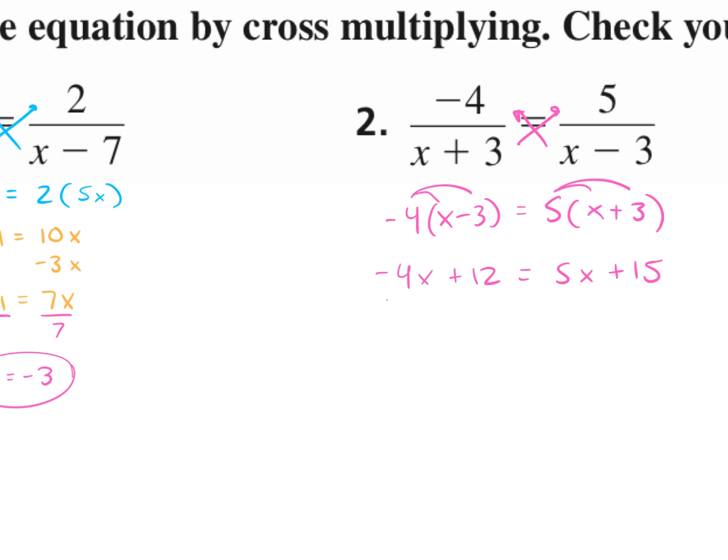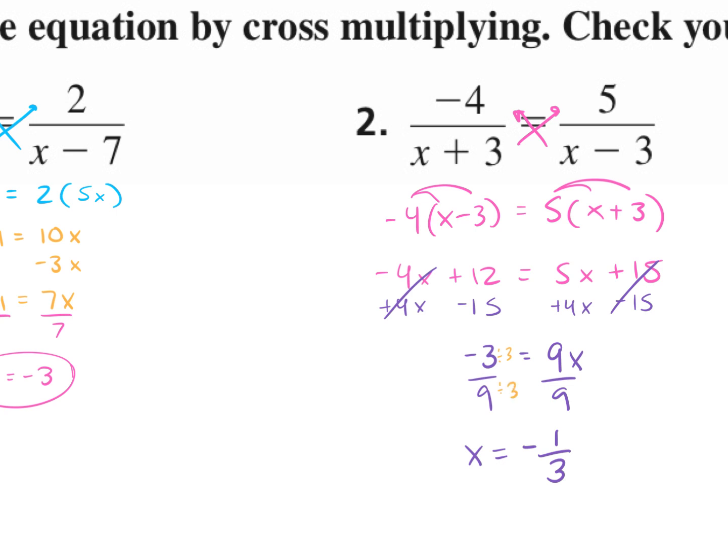We want to combine our like terms, so I'm going to add 4x to move it to the other side and subtract 15. So 9x is equal to negative 3. What would I do next? Divide by 9. So what does x equal? Awesome. Negative 1/3, because we could divide our fraction here, top and bottom, by 3. So that gives us negative 1/3.